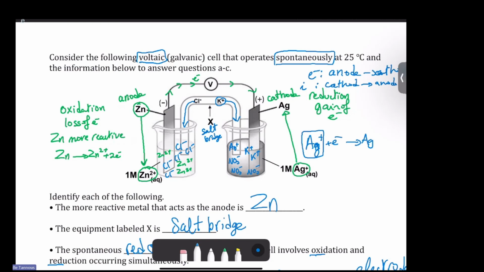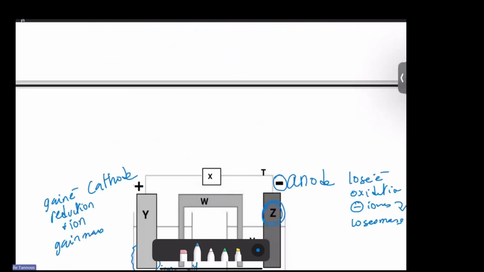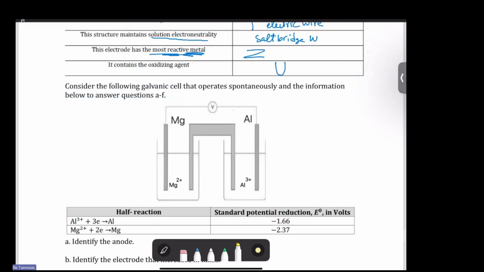So that question in the next one was asking me which contains the oxidizing agent. So the cathode half cell, which is the U solution, contains the oxidizing agent, which are the ions. I hope that it is clear. Is it? Okay.